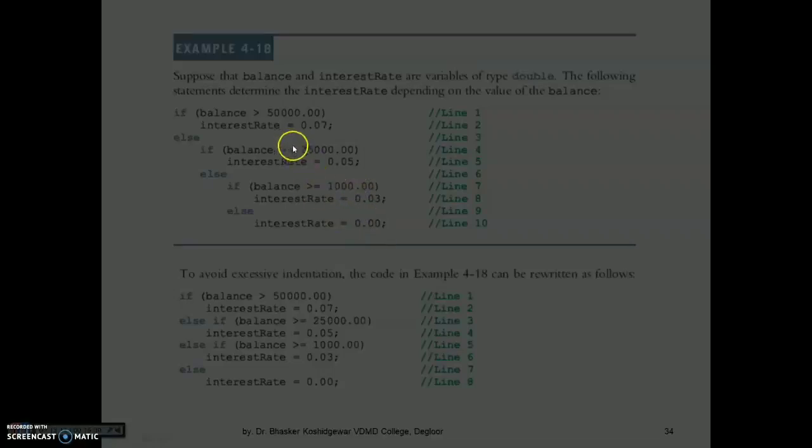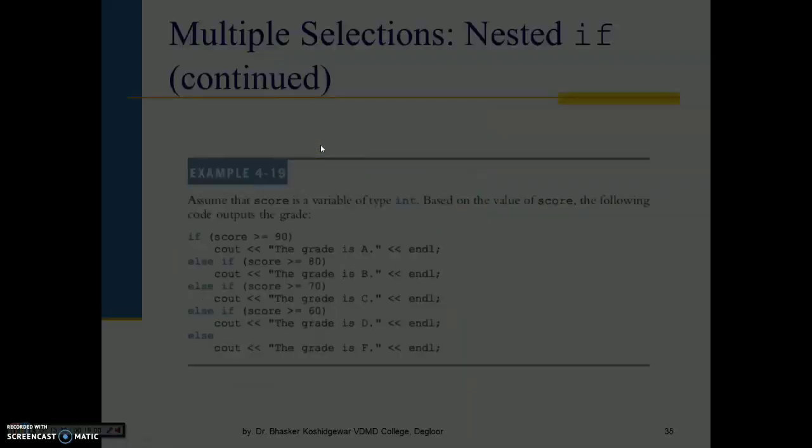Greater than 1,000 and less than 25,000, the interest is 0.03. Greater than 25,000 and less than 50,000, the interest rate is 0.05. If the amount is greater than 50,000, the interest rate is 0.07. Okay, these are the multiple selection if statements.